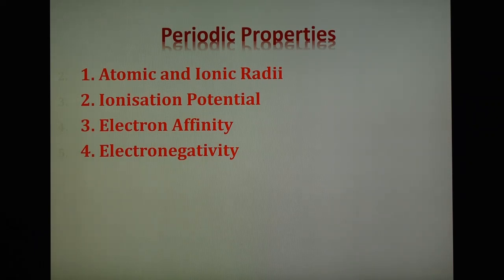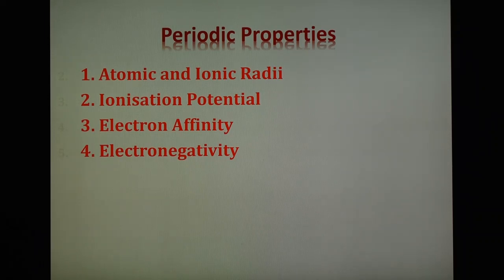According to the modern periodic law, the properties of the elements, that is atomic properties like atomic and ionic radii, ionization potential, electron affinity, and electronegativity, are periodic functions of their atomic number. The word periodic refers to the rise of atomic number. With the rise of atomic number, for elements in the same period or group, there is a variation, that is an increase or decrease in a particular property of that element.